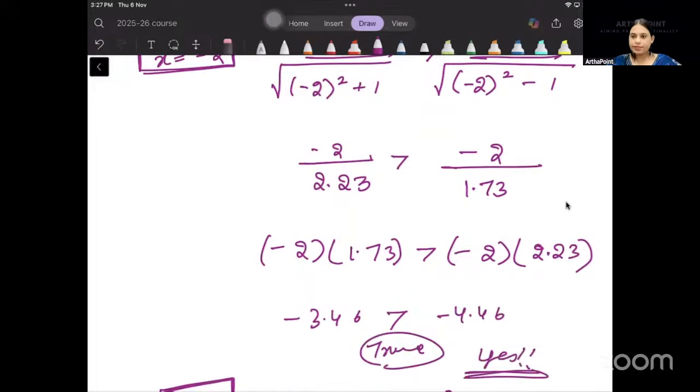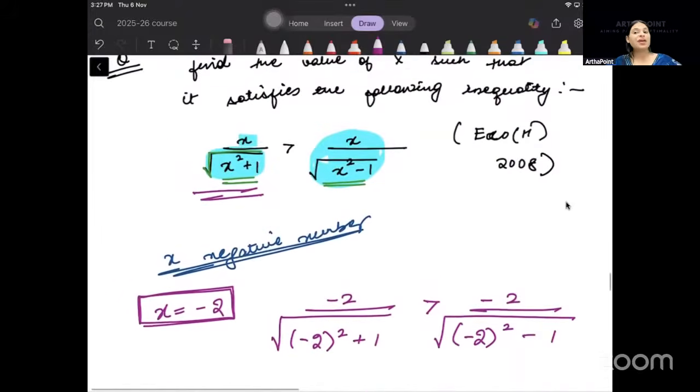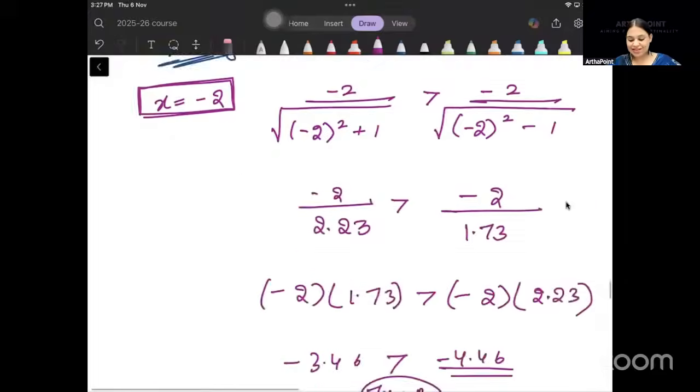ये भी true है. The bigger the negative number we take, the smaller it becomes, right? So this is a true statement. So we understand with negative numbers, it is working well. With positive numbers, it is not working well. So what do we get the domain to be?